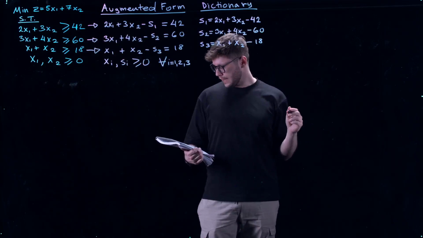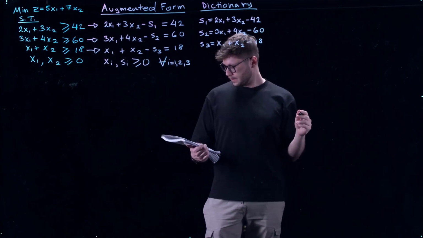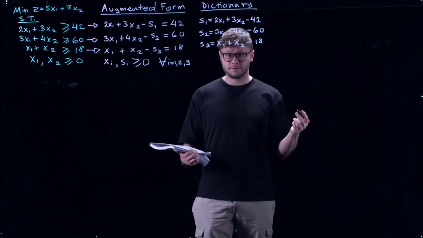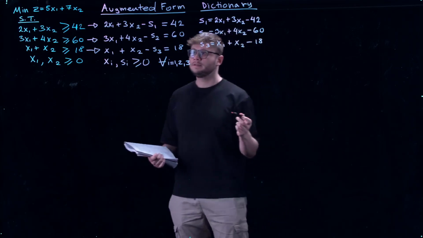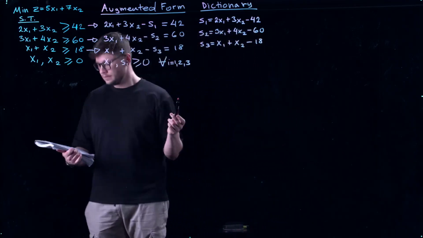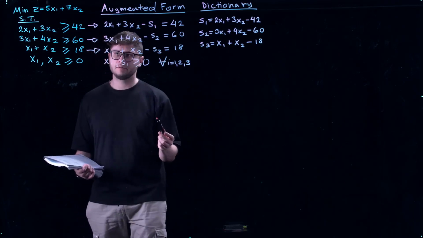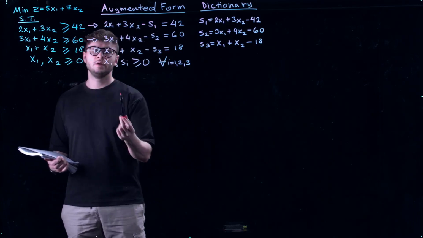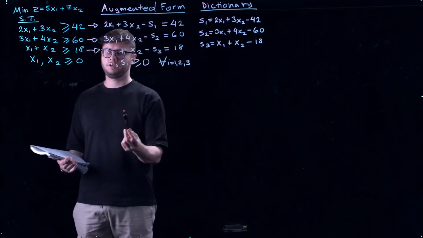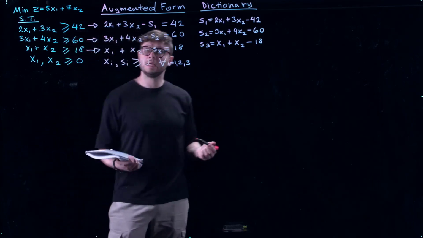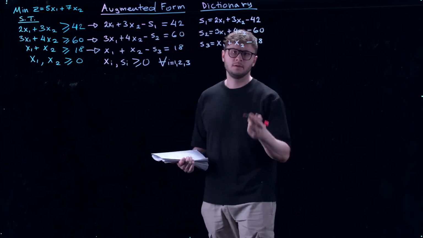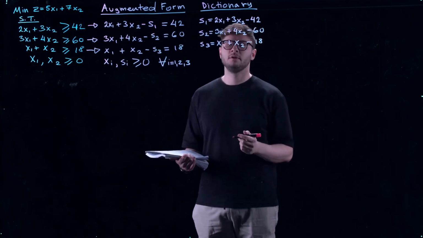So we will have to, first of all, pick our entering variable. Once again, because it's a minimization problem, we will pick the first entering variable to be the one with the smallest coefficient in the objective function. In this case, it's x1 as its coefficient is 5, which is less than that of x2, which is 7.